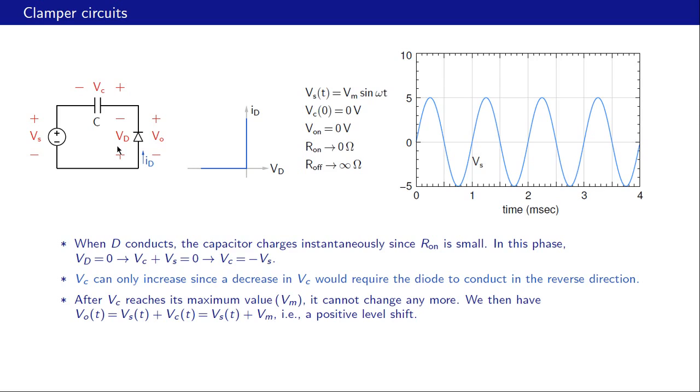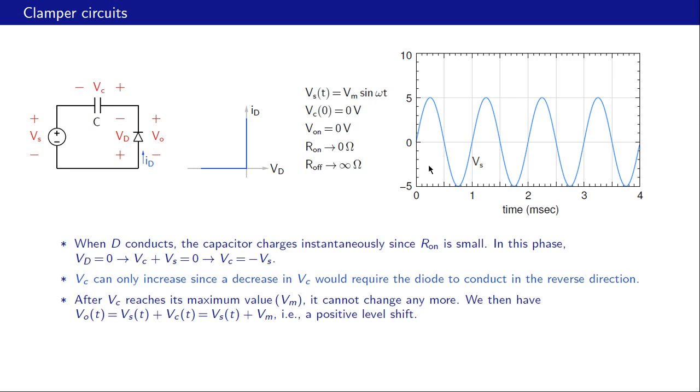Therefore the diode does not conduct. The current in the circuit is 0 and the capacitor voltage cannot change. So it remains at 0 volts. What about the output voltage? In this interval, the output voltage is the same as Vs because this capacitor voltage is 0 volts.